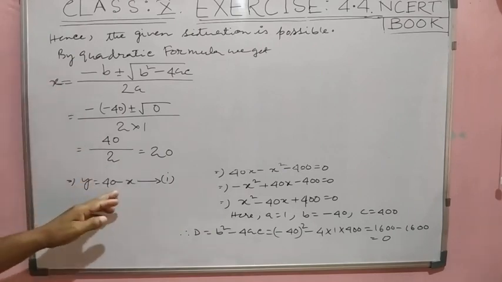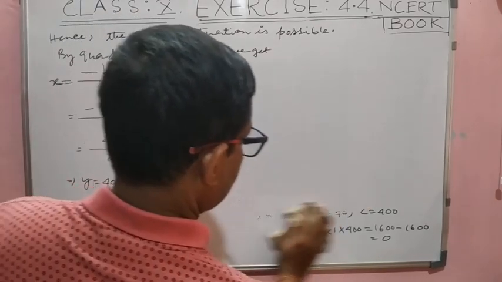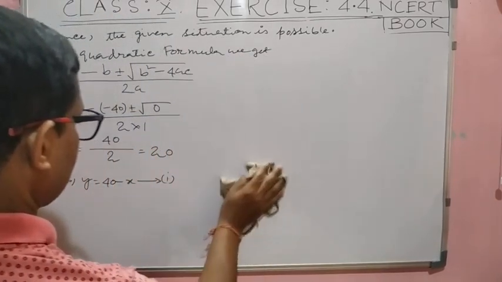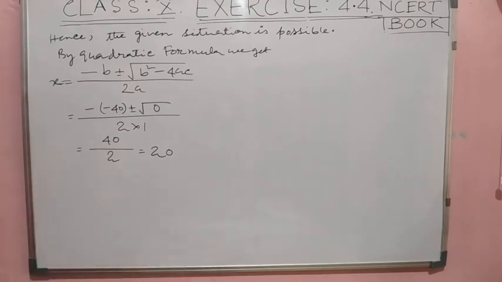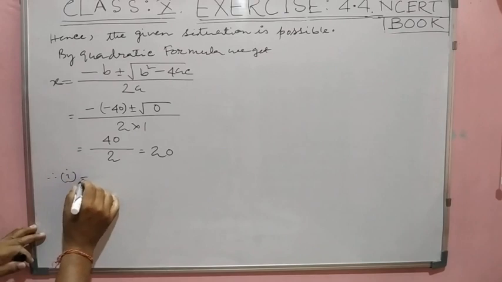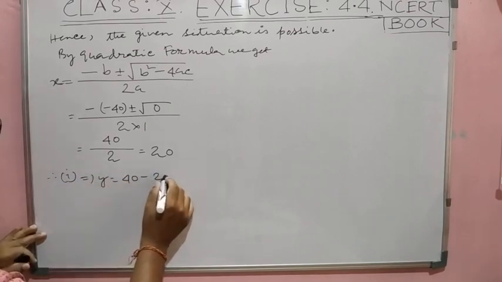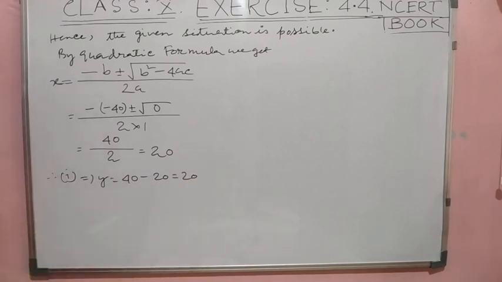Now we put the value of x in one number. So we get the value of y. Therefore 1 implies y equal to 40 minus 20 equal to 20.